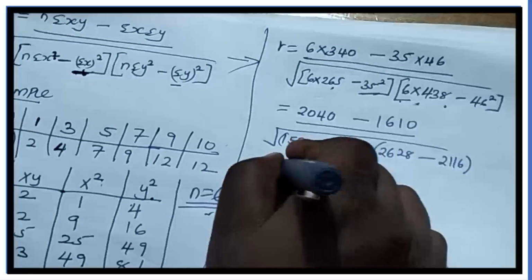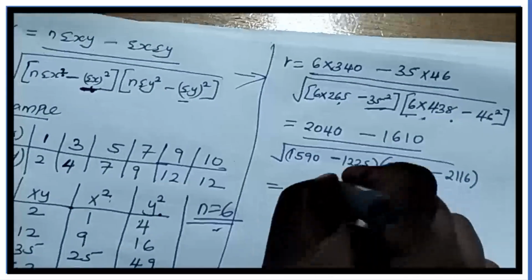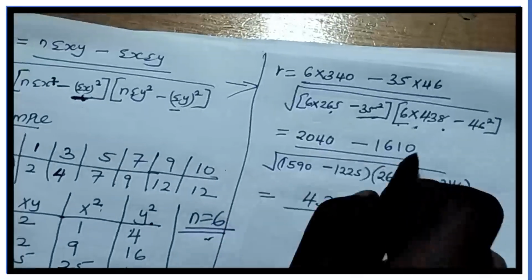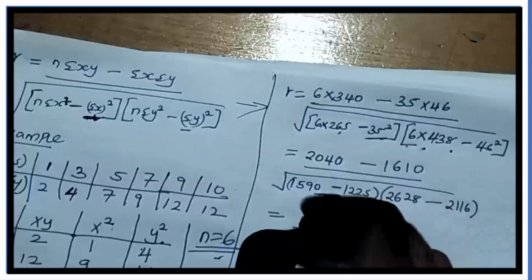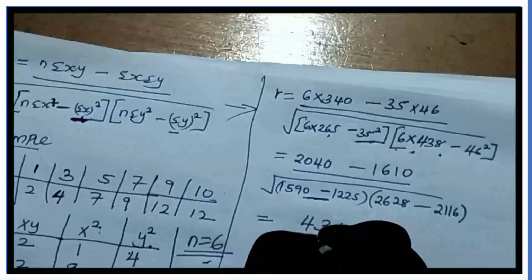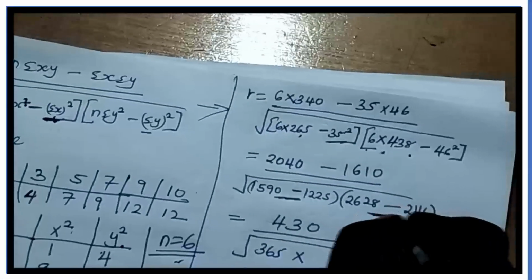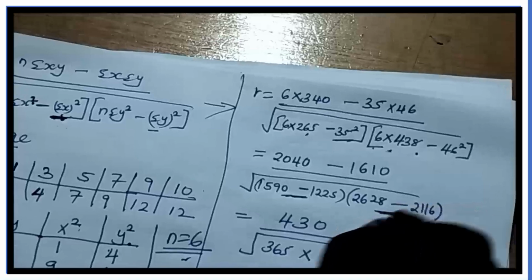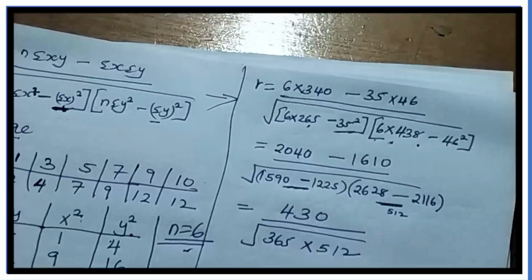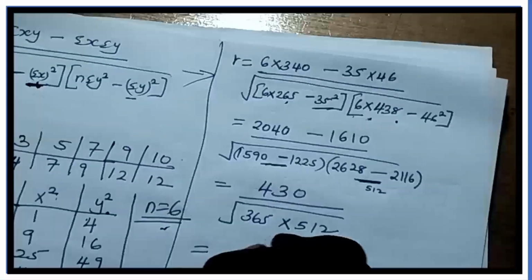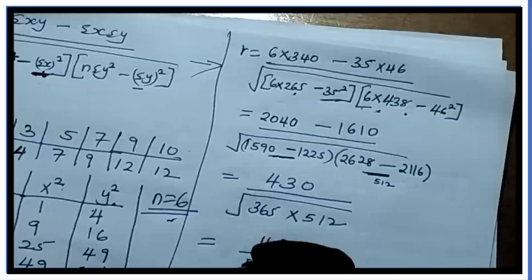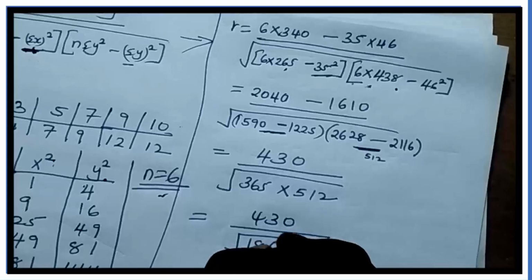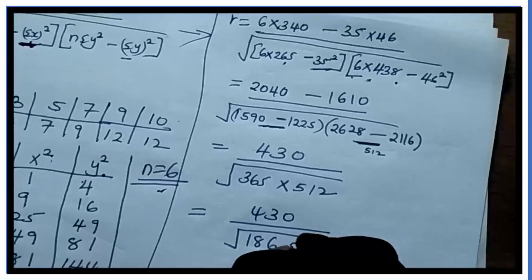And if you solve the numerator, you get 430, the difference, all over. When you solve this part, you will get 365 times 512. And when you solve that, you get 430 all over. Now the product of this and this one, you get 186,880.